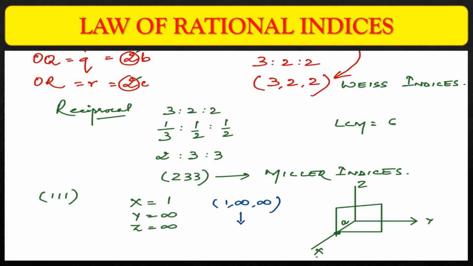So the reciprocal of 1 is 1, for infinity it will be 0 and then 0. So the Miller indices for this plane will be 1, 0, 0. That is how we write the Miller indices for a plane which does not cut some of the axes. And for that the intercept must be taken to be infinity.